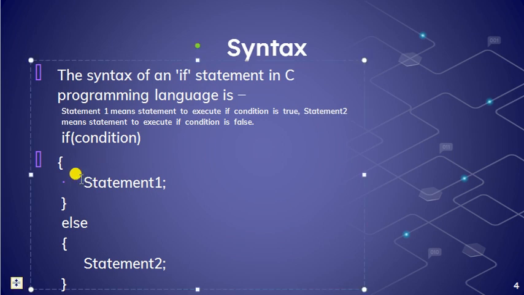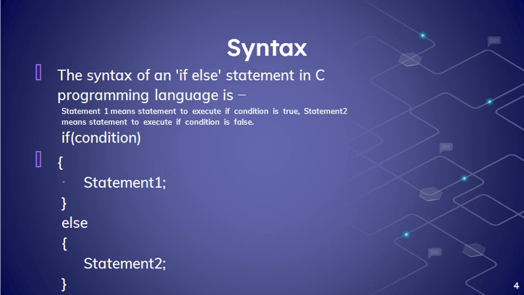Then here we include statement 1. Statement 1 indicates the statement to be executed when the condition is true. Then else, then statement 2. Statement 2 means the statement to be executed if the condition is false. So this is the syntax of the if else statement.